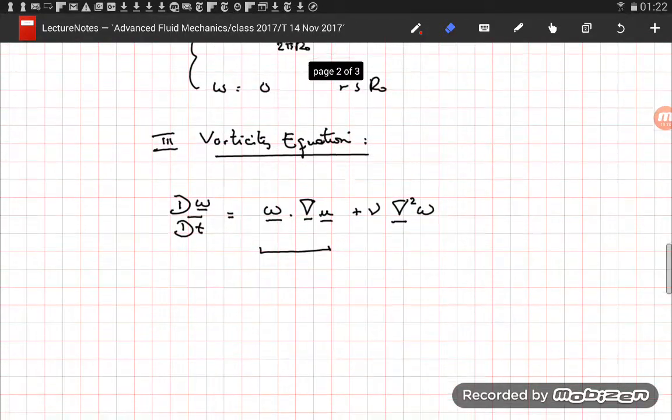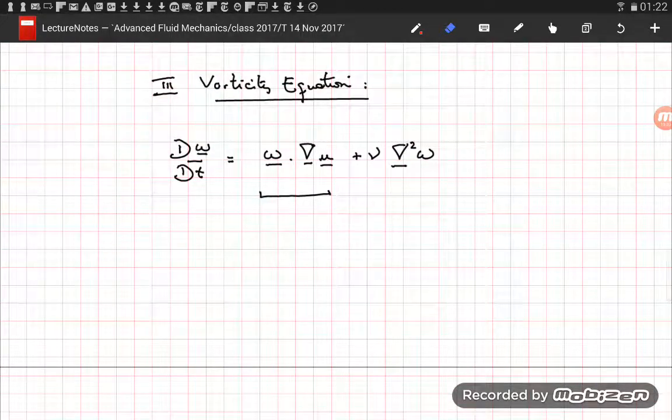Okay, and finally we got to the vorticity equation. We started from the momentum equation, the Navier-Stokes equation, and we took the curl of this equation to find an equation for the vorticity. The equation is the following.